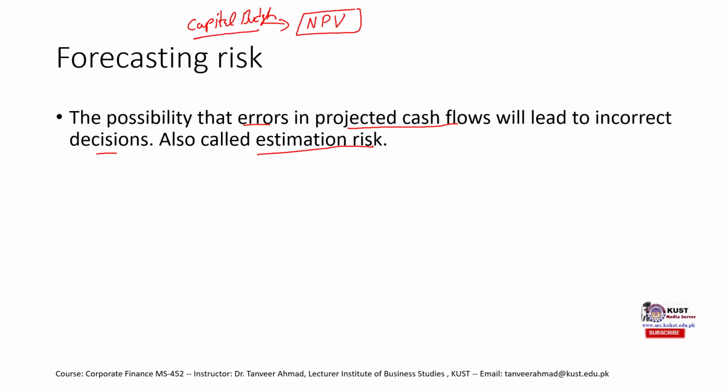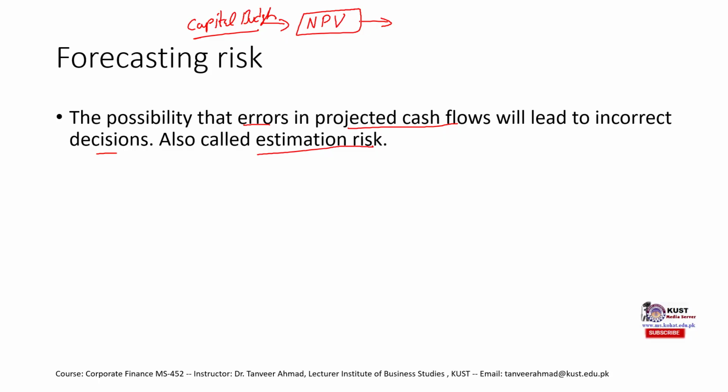So one of the techniques is, let's just say, NPV, and it is also similarly true for other techniques, but I'm just taking an example of NPV. So it is not to say that forecasting risk or estimation risk is just pertinent to NPV. It is related to all the other techniques as well.